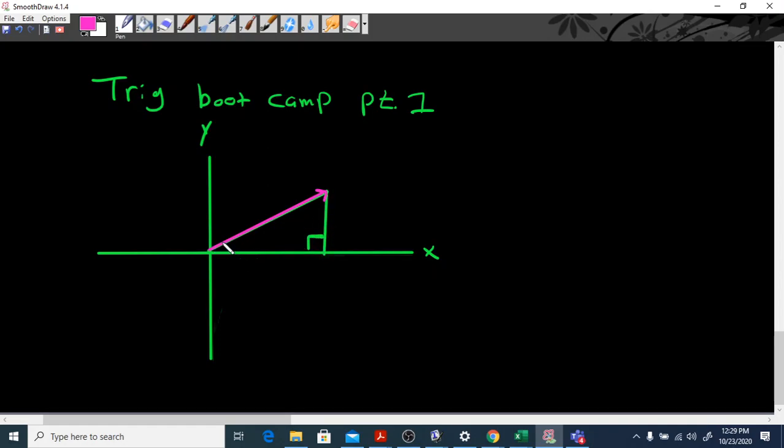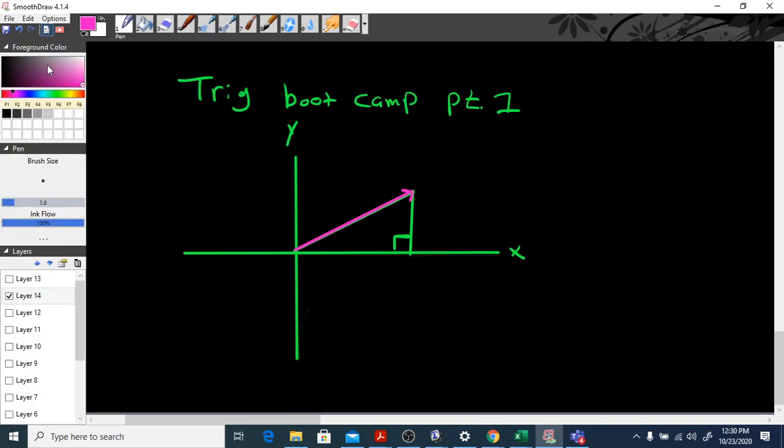You can think of it as an airplane making some angle above the x-axis. This leg would be how far the plane has traveled along the ground, and this would be how high the plane is. I think it's good to think about trigonometry this way instead of in terms of pure triangles. Anyway, let's keep going.